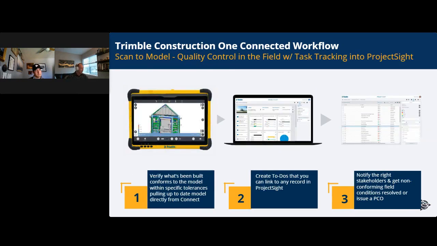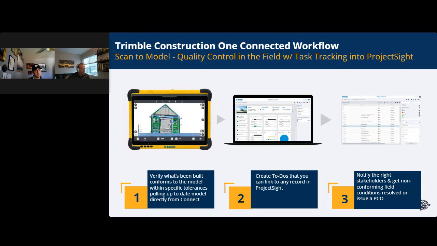Second workflow we're going to touch on is a pretty new one that allows you to scan to model out in the field. You'll see on the far left we have a Trimble tablet alongside a Trimble scanner. I think it's the X7 that did this. So you're actually able to process a laser scan on that tablet, no post-processing.